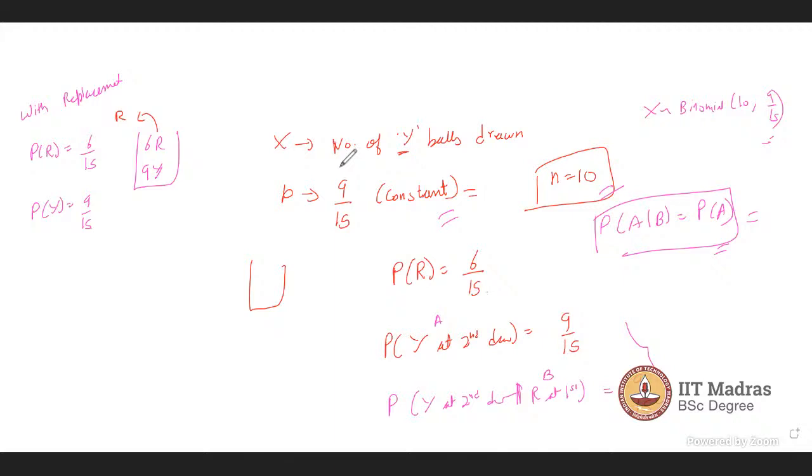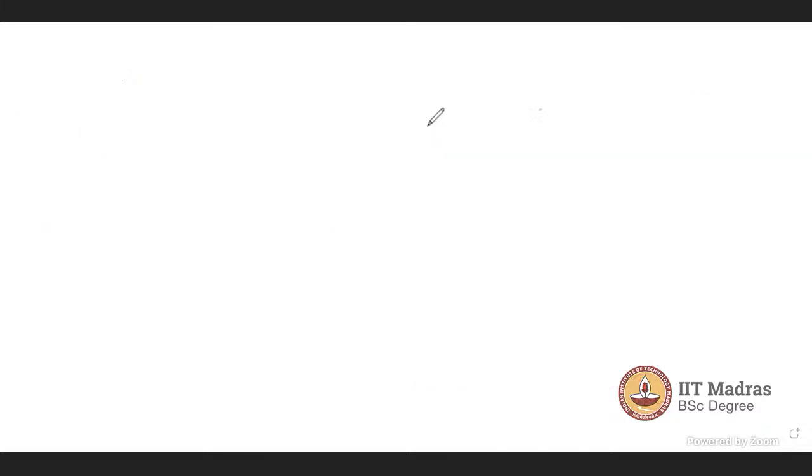Anyone, anything else? Can you tell me what are the conditions to use binomial and Bernoulli, sir? Bernoulli is nothing but when your n equals 1, it becomes Bernoulli. Condition should be your n should be fixed. You should know that you are going to do only 10 trials, 12 trials, and so on.